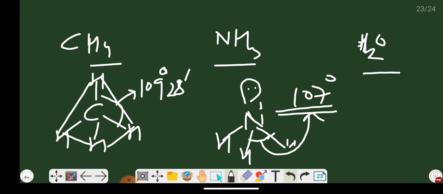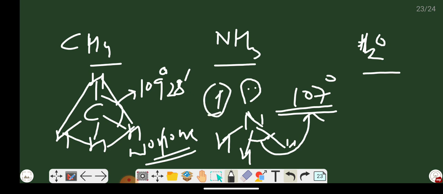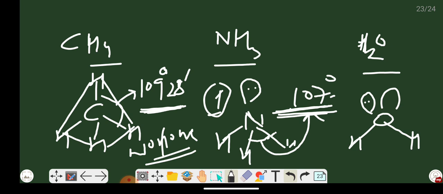So with an increase of one lone pair, here no lone pair, here one lone pair, the bond angle decreases by approximately 2 degrees. Now on going from this NH3 to H2O, here the angle is 104.5 degrees.